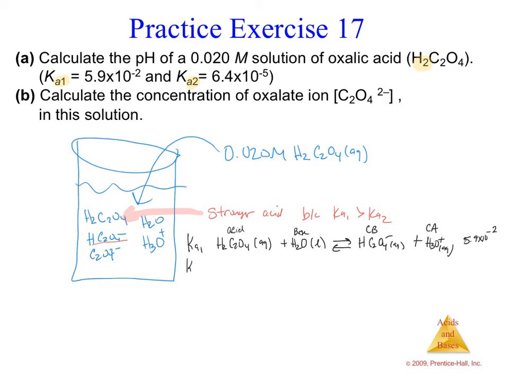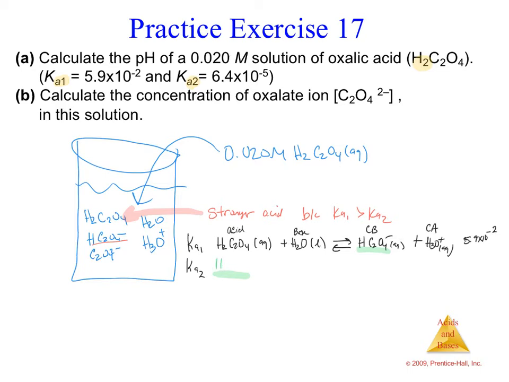Now let's look at Ka2. I always start with the species I just formed, HC2O4 minus. That's always the reactant in my Ka2 reaction.